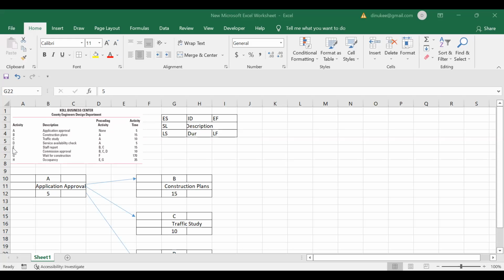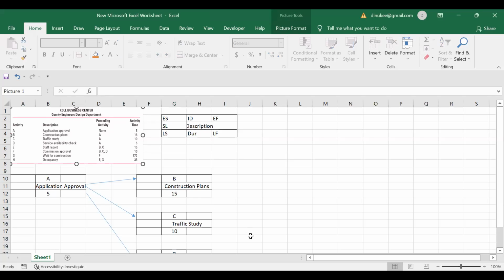So you can now go for the activity E. Before starting the activity E, you have to finish the activity B and C. Can you see this question? Is that smaller? Can you see the question clearly?